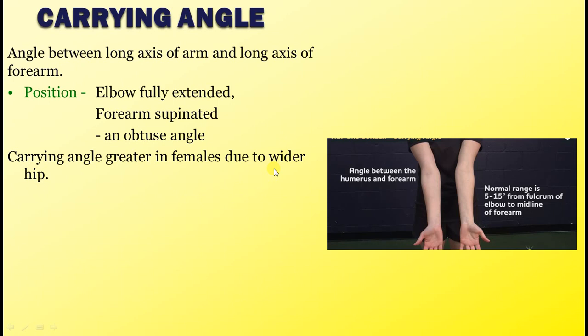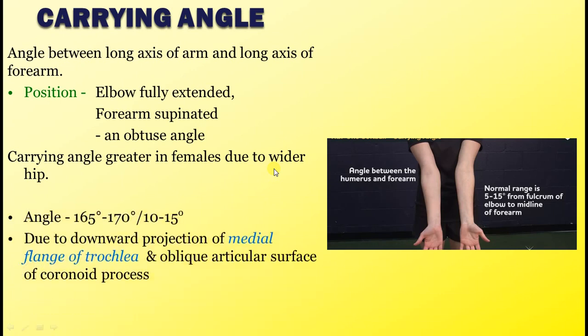But now there is a controversy that both males and females, it is the same. But it may differ between individuals. The carrying angle might differ between individuals. So the obtuse angle is 165 to 170 degrees. As I already told you, it is an oblique and obtuse angle. And there might be a difference of 10 to 15 degrees.